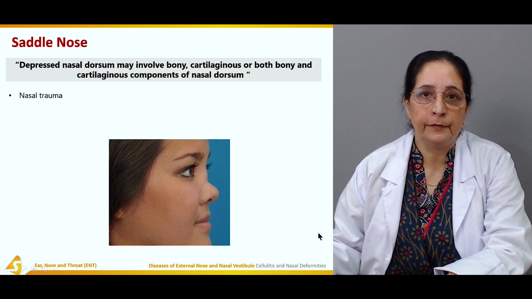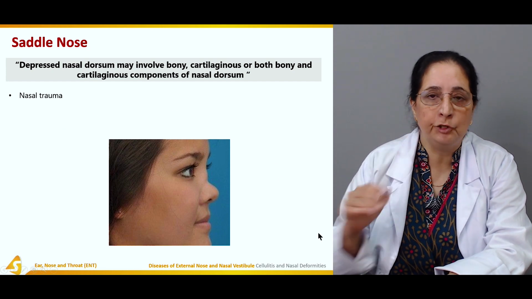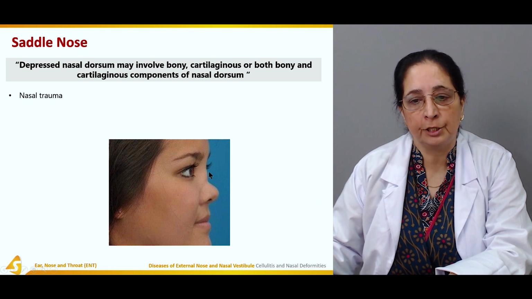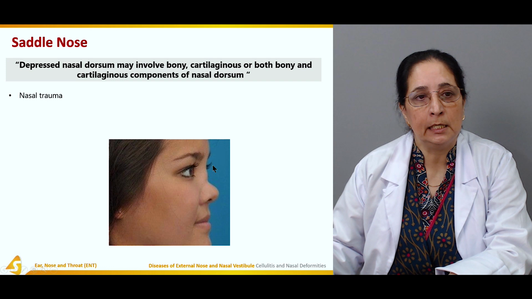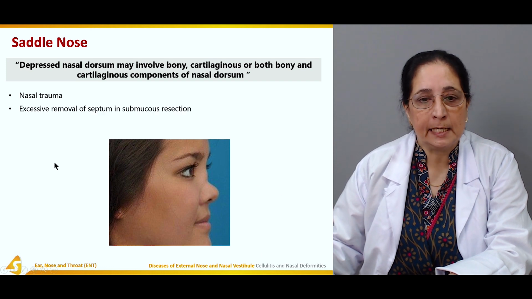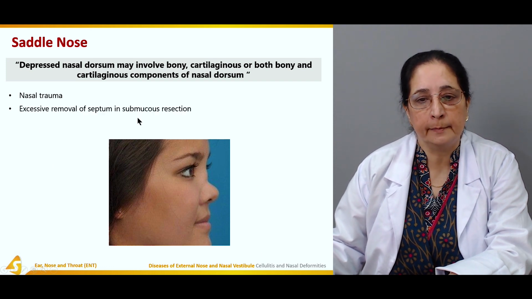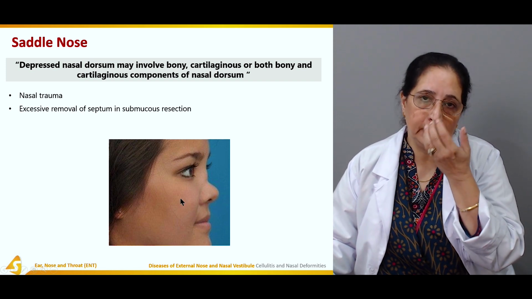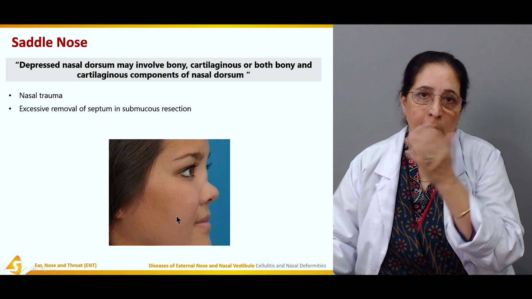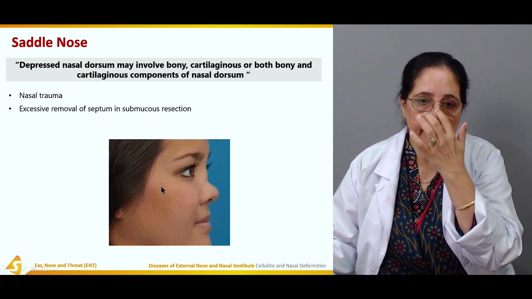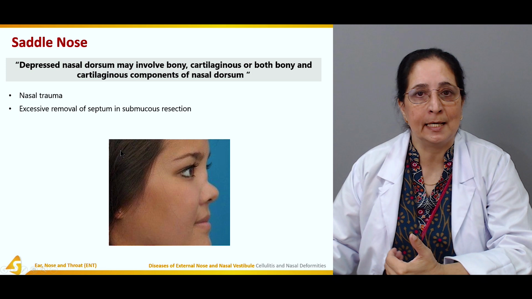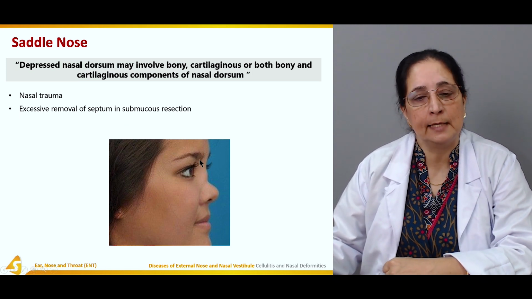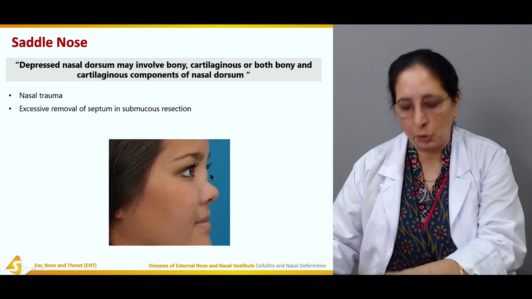Usually the cause of the saddle nose, if there is any injury or trauma to the nose, it can cause depression and depressed nasal dorsum. Excessive removal of septum in submucosal resection. So septum is the portion that divides the nose into two halves. So if the septum is removed excessively in resections, usually it can lead to the saddle shape or saddle nose.